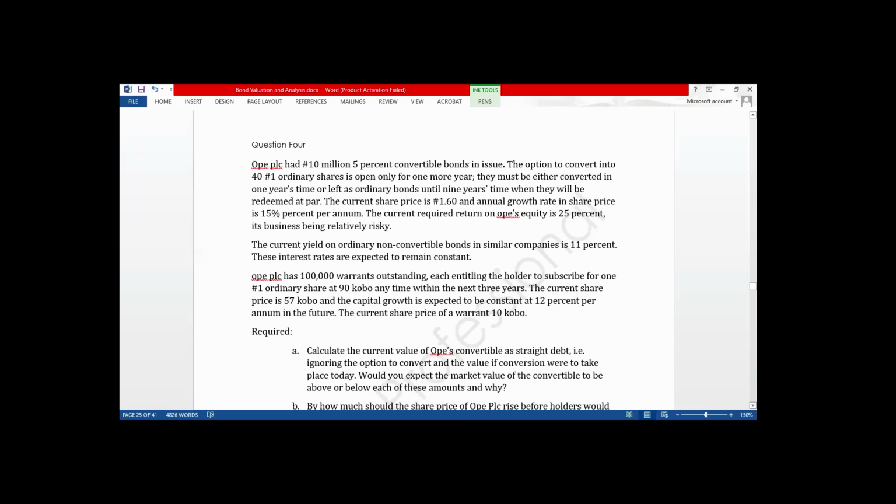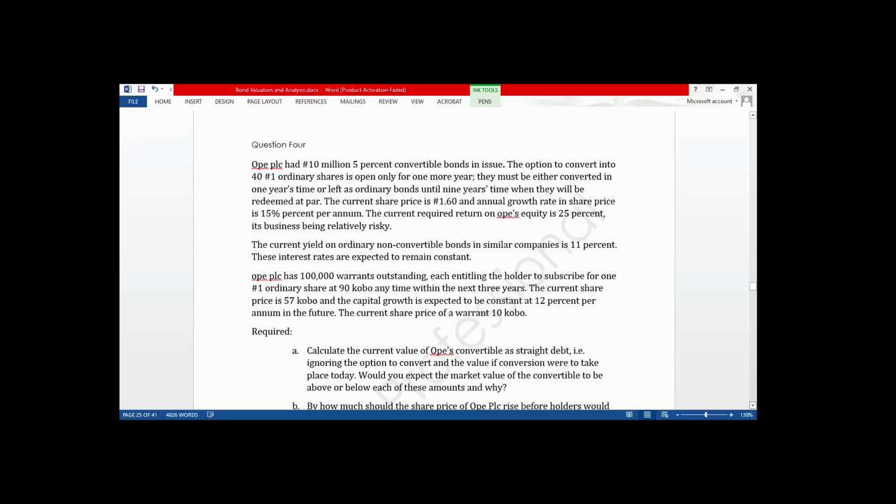The current share price is 1 naira 50 kobo. Annual growth rate in share price is 15% per annum. The current required return on Okpe's equity is 25%, the business being relatively risky.